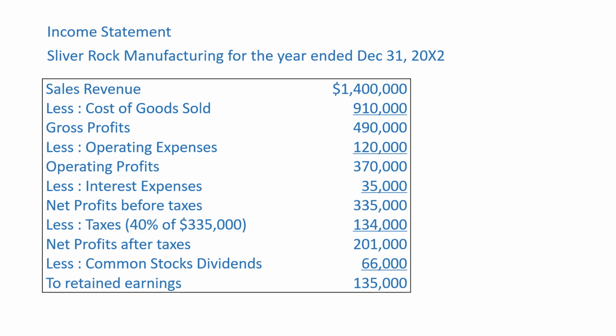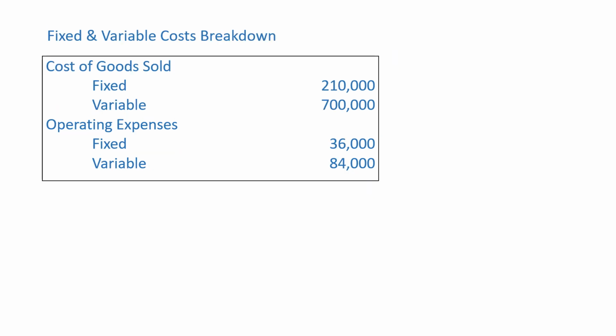Income statement, Metroline Manufacturing for the year ended December 31st, 20X2. Please take a look at it. Fixed and variable cost breakdown.